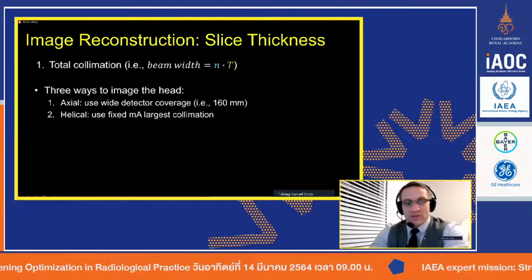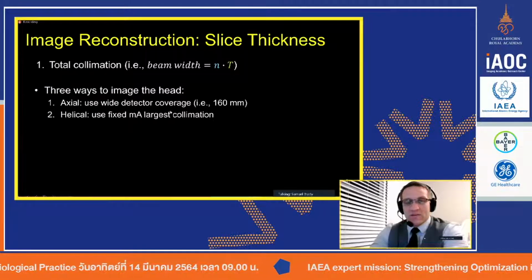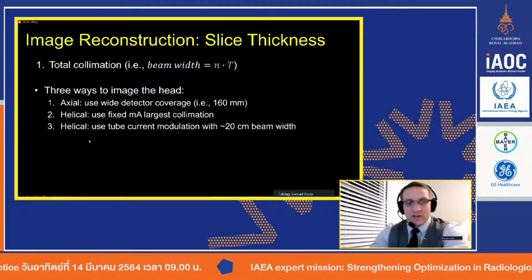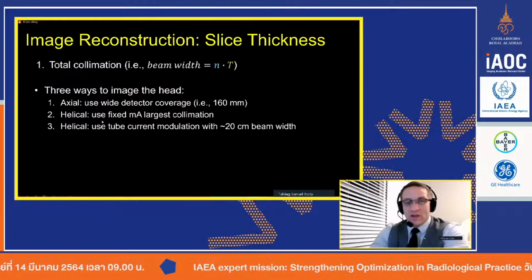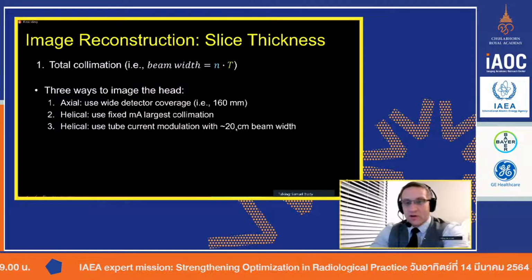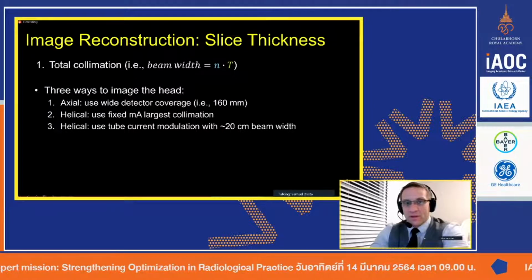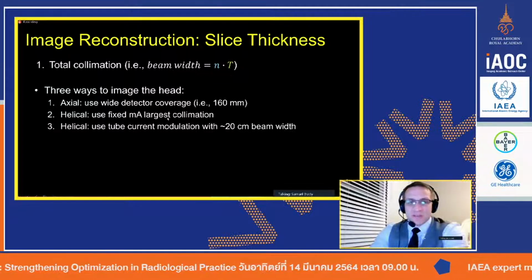Obviously, we can image using helical, and you can use a fixed mA and the largest collimation, which I'll describe in a minute, or you can use helical with tube current modulation. And in this case, you're not going to want to use the largest collimation, the largest beam width. So we'll talk about some examples of that.